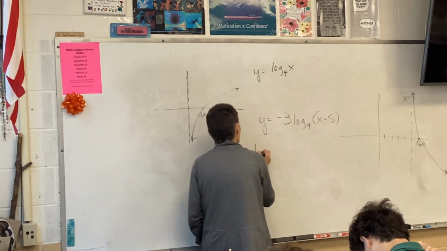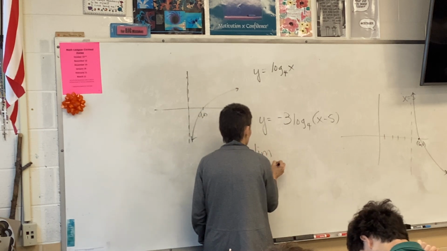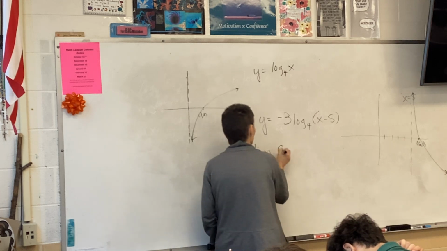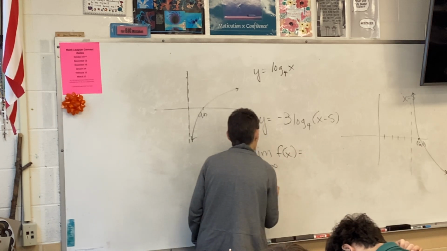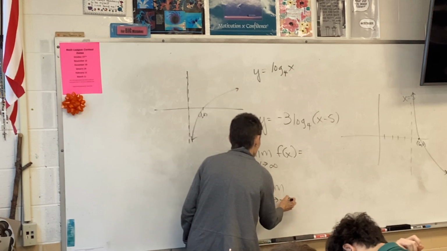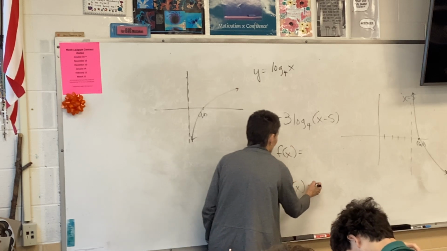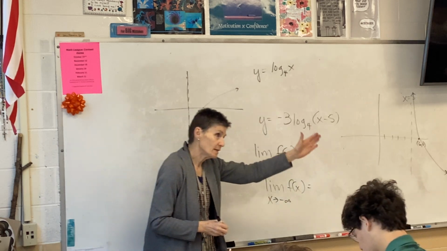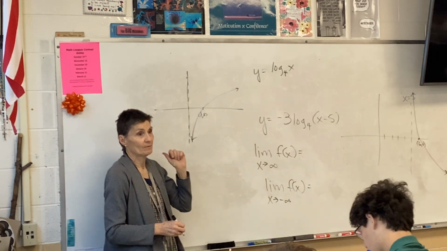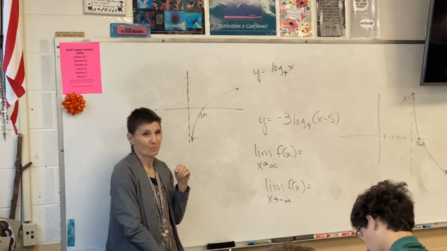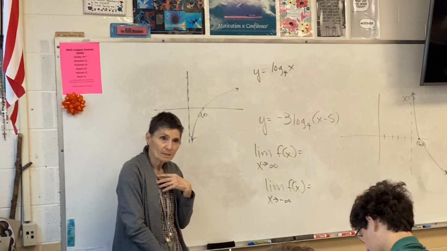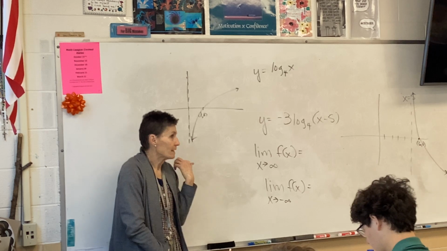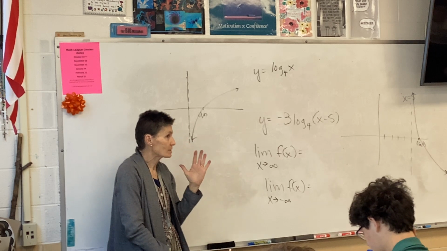When I write my end behavior, is this f of x? I am programmed to use this notation. This is my normal, standard end behavior notation: x approaches infinity, x approaches negative infinity. But with a logarithm, that won't work, because x is never going to approach negative infinity, because the asymptote is stopping it.